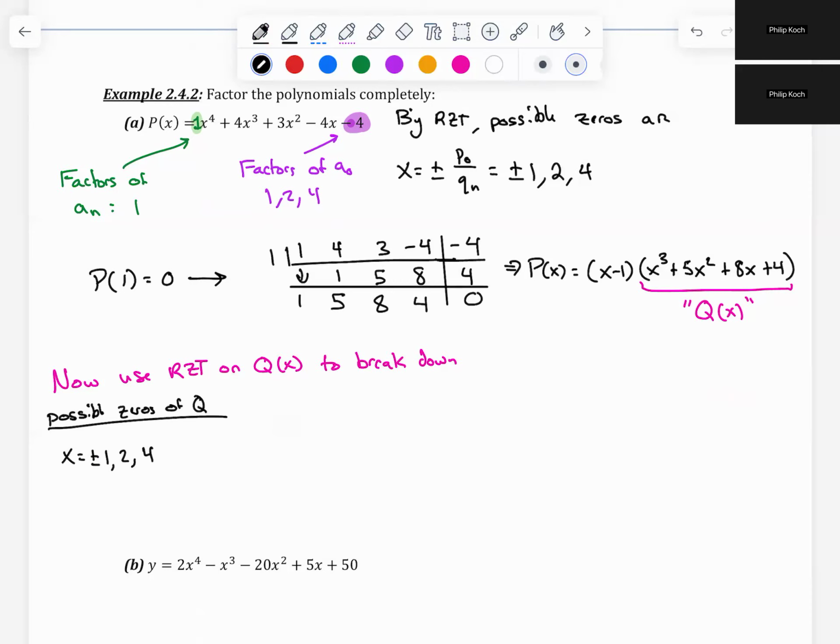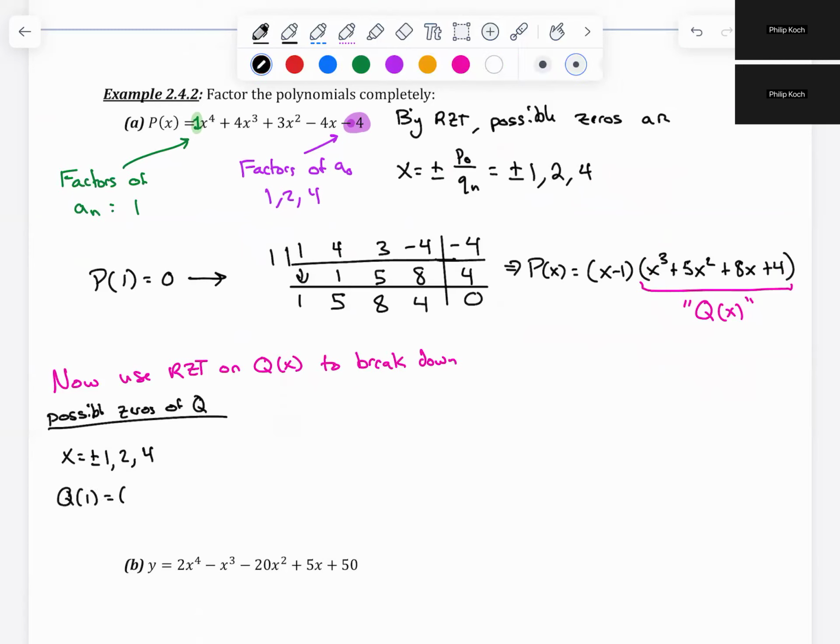Factors of a sub 0 are 1, 2, and 4. Let me highlight it for the people watching the recording. The factors of a sub n here are 1. So it ends up being the same numbers, but that's kind of by design. It shouldn't have new zeros. All the zeros should have been present from the get-go, but either way. So now we'll plug those in. We'll do Q of 1.